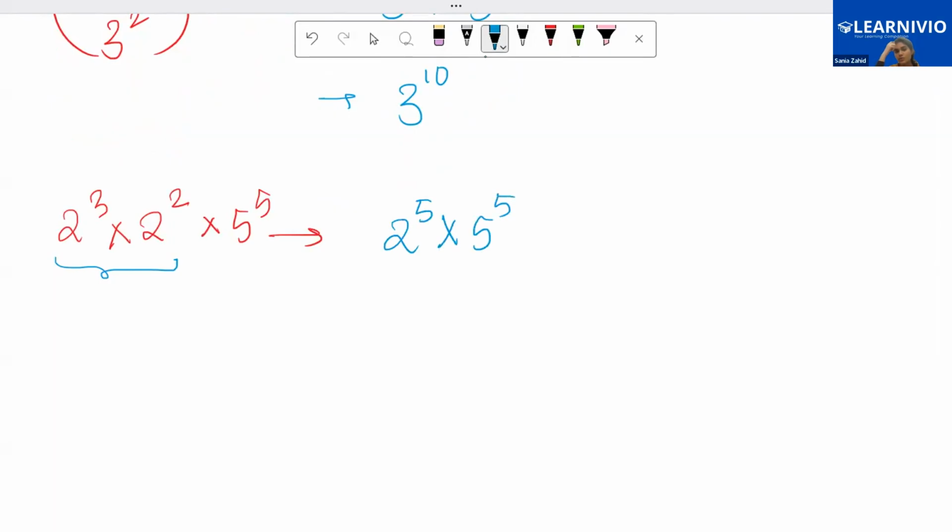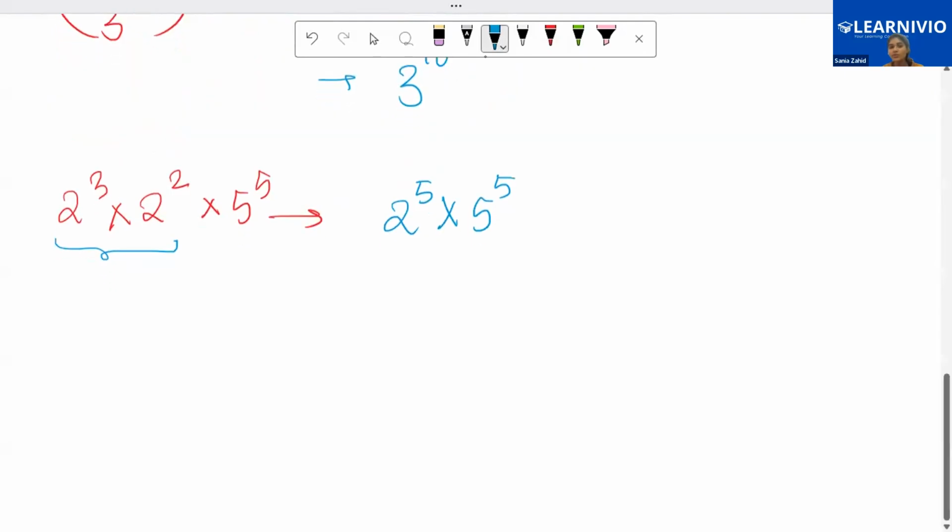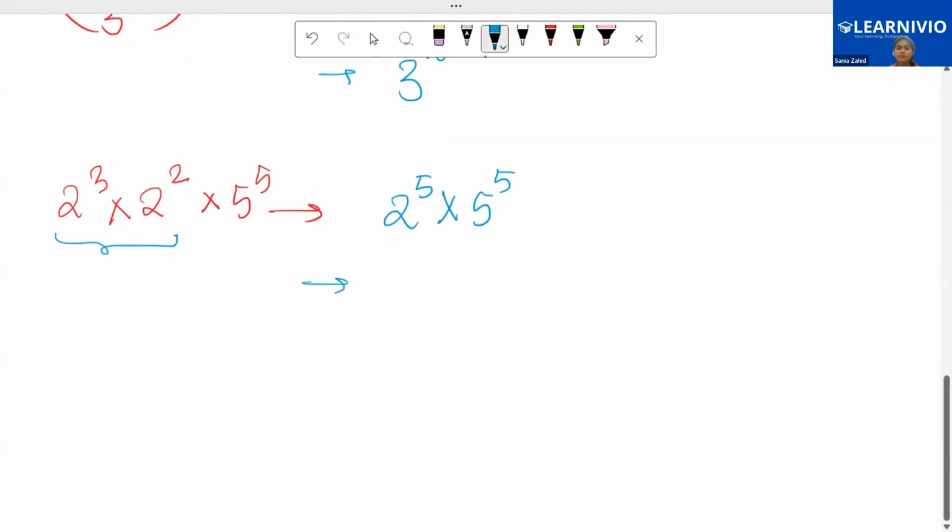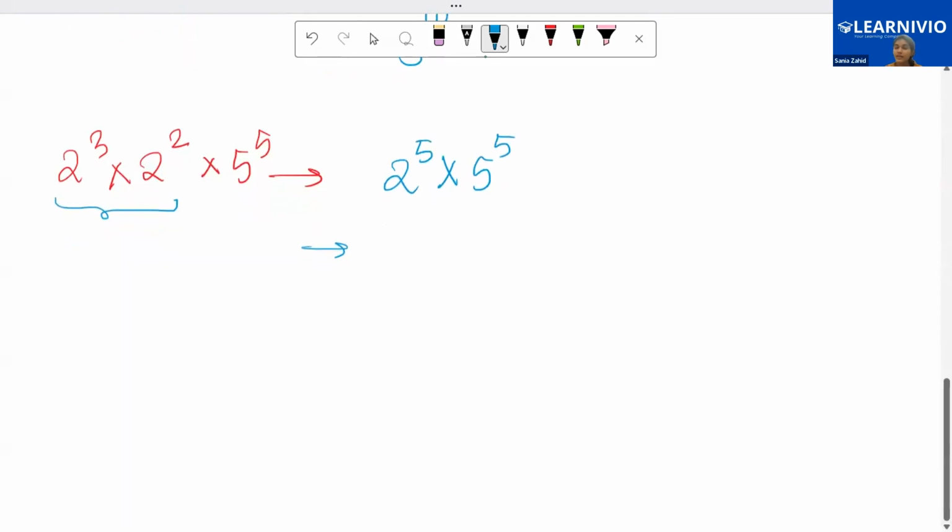When we have different bases, what do we do? We keep the power as it is, and we multiply the bases. Very good. So what is my answer now? 10 to the power 5. 10 to the power 5 is my answer. Clear? Yes, ma'am. Okay.